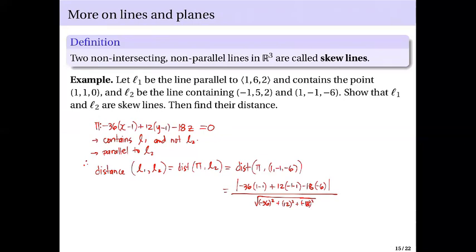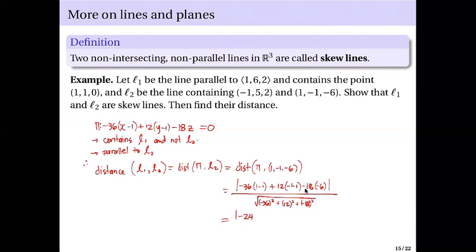Yes, question? The first term, where it's minus 36 times 1 minus 1, it is actually 0. Yes, that's good. So this guy here is 0. This guy here, you have 12 times -2. So absolute value, 12 times -2, that's -24.